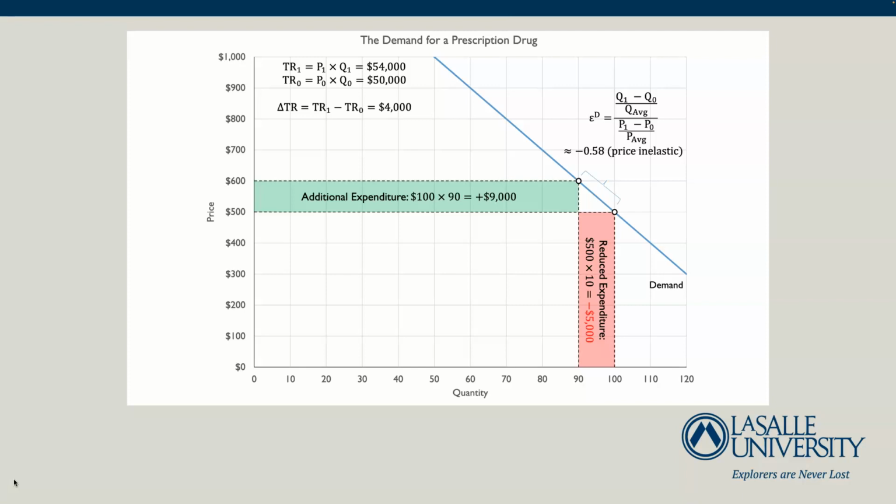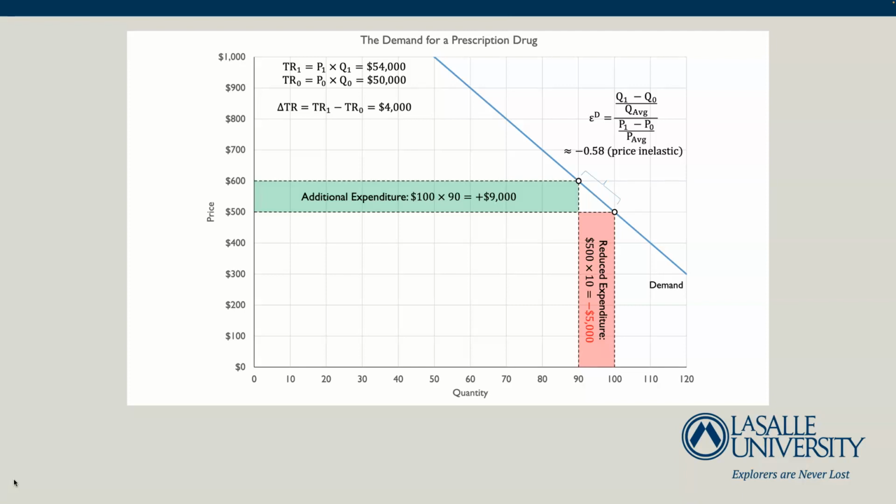Now, between those 2 points, if we use the new quantity of 90 minus the old quantity of 100 and divide that by the average quantity of 95 and divide all of that by the new price of 600 minus the old price of 500 over the average price of 550, which is the midpoint there, that would give us a price elasticity of minus 0.58, which is an absolute value less than 1, which means that demand between these 2 points is price inelastic.